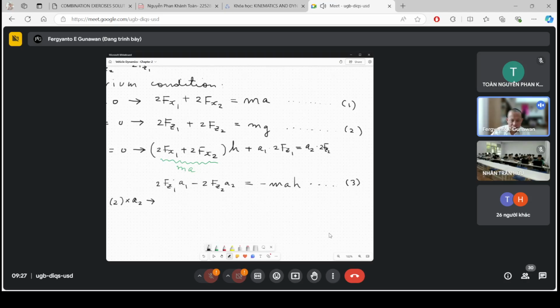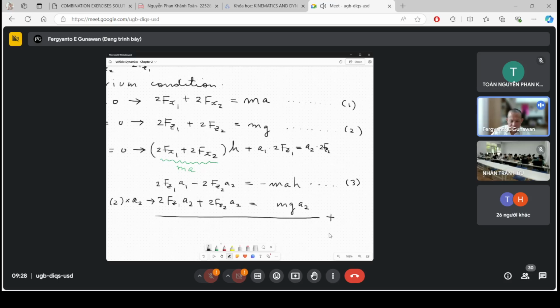As a result, I have 2 Fz1 a2, multiplying this by a2, this by a2, and this by a2. So I get 2 Fz2 multiplied by a2 equal to m g a2, right? Now I can do a simple addition.